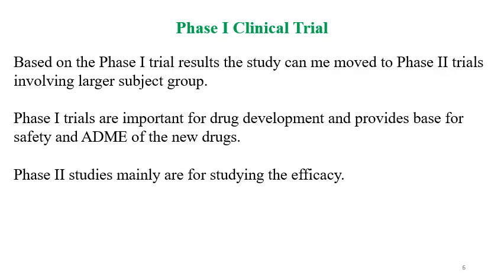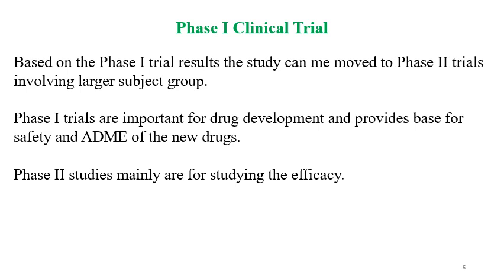Then based on the phase 1 clinical trials, the outcome or based on the data or phase 1 trial results, the study can be moved to the phase 2 trials involving larger subject group.